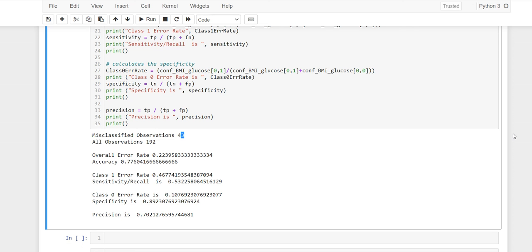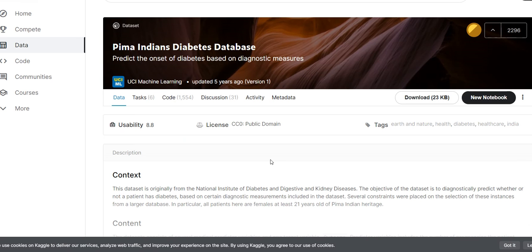And above all, this provides us the ability to perform side-by-side comparisons, especially when we're testing out multiple models to answer the question or solve a problem of how to use the data set to diagnostically predict whether or not a patient has diabetes based on certain diagnostic measurements included in the data set.